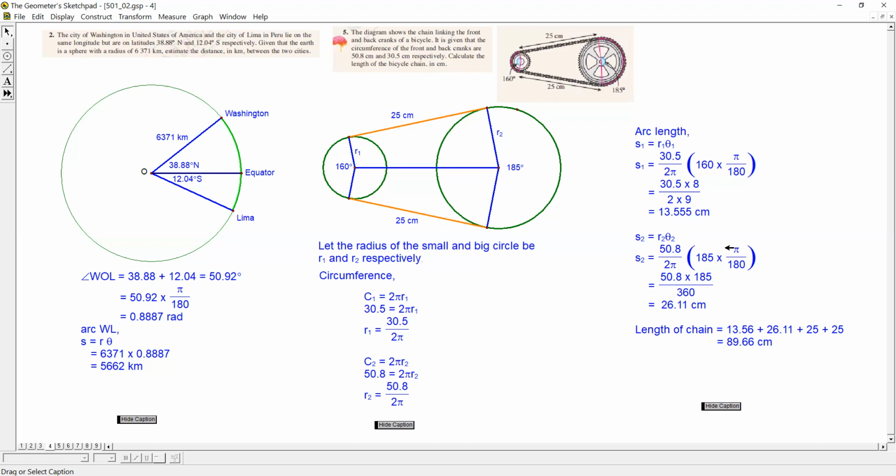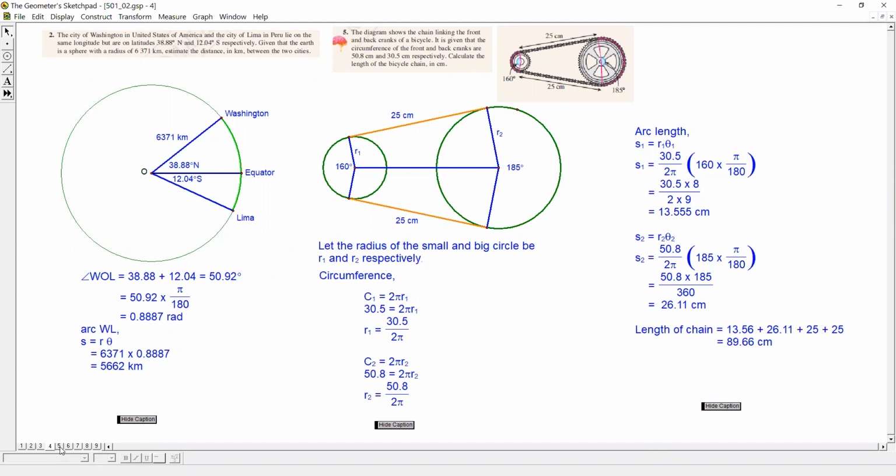Use the same method to find the arc length of the big circle. Then add the two arc lengths together and add the two tangents, and you will get the length of the chain.